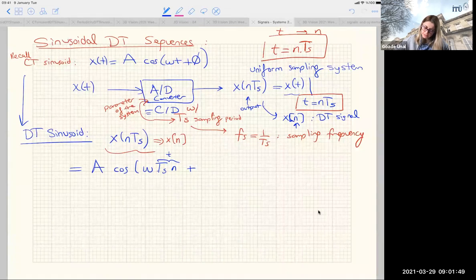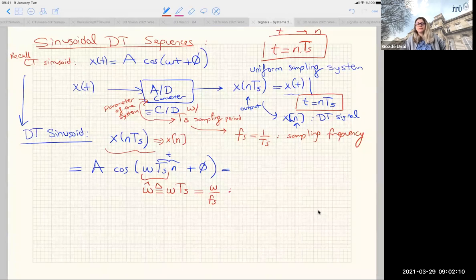Okay, so I continue here. Plus phi is already there. Now you see we will define a new digital frequency, which is a normalized frequency. This is important. Please pay attention. We define this to be omega hat equals omega Ts, which is equal to omega over fs. You see, this is the normalized frequency.